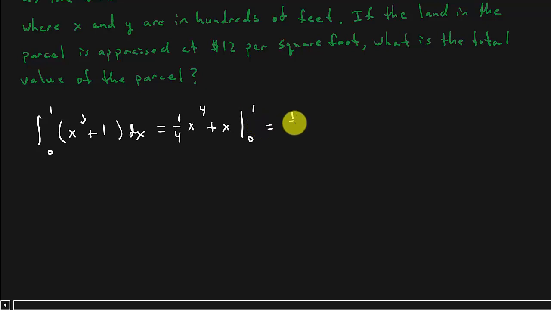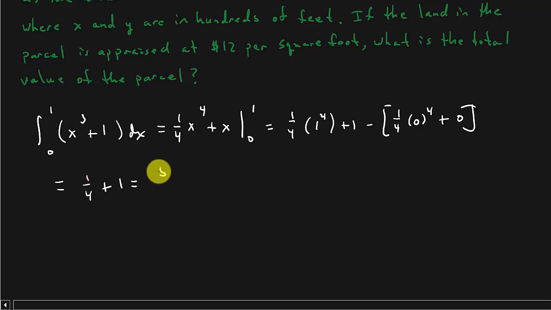And so that's going to be 1/4 times 1 to the 4th plus 1 minus 1/4 times 0 to the 4th plus 0. And this is going to give us 1/4 plus 1, which is 5/4.